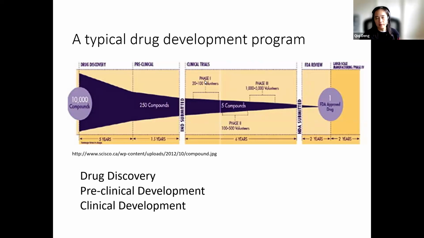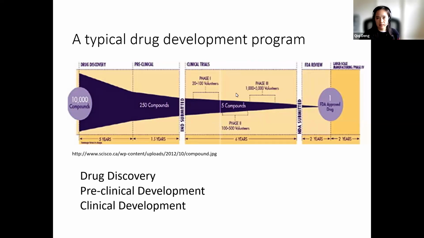When you start phase 1 clinical trials, it's approximately 20 to 100 healthy volunteers. When you go to phase 2, it's probably 100 to 500. For phase 3, it's typically 1,000 to 5,000 and even more than that.